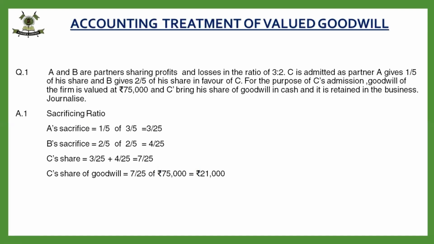If he's bringing 21,000 for his share of goodwill, then in which ratio will it be distributed amongst A and B? And what will be the journal entry if this 21,000 is retained in the business?